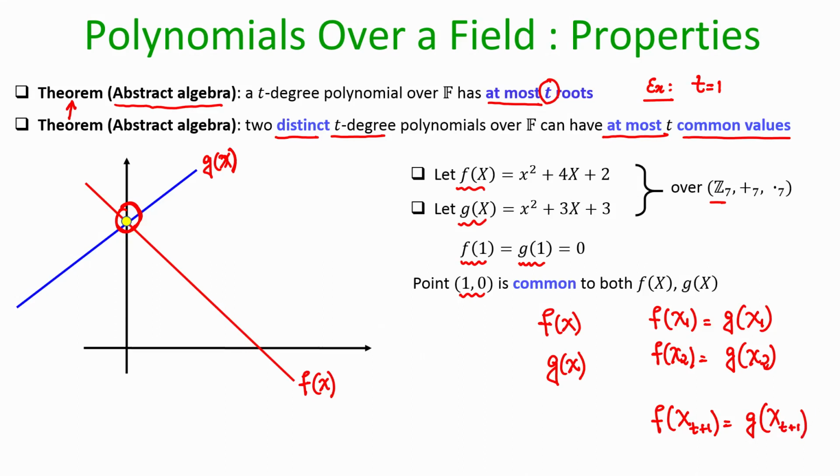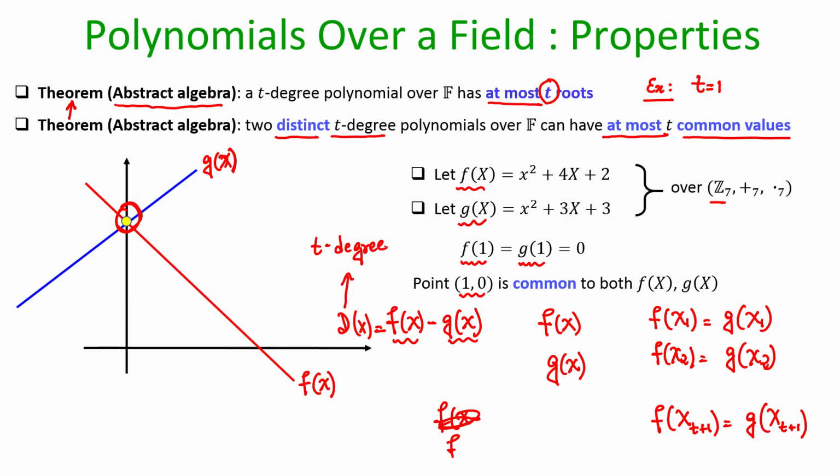Now, if this is the case, what can I say about the polynomial f of x minus g of x? Let us call this polynomial d of x. Now, what will be the degree of d of x? Since f of x is a t degree polynomial and g of x is also a t degree polynomial, I can say that d of x is also a t degree polynomial.